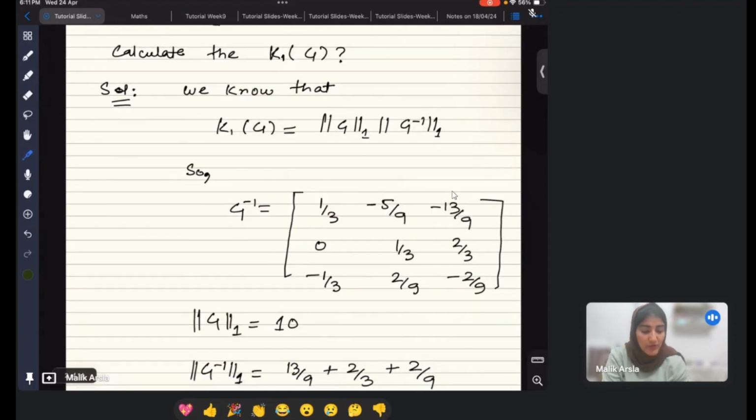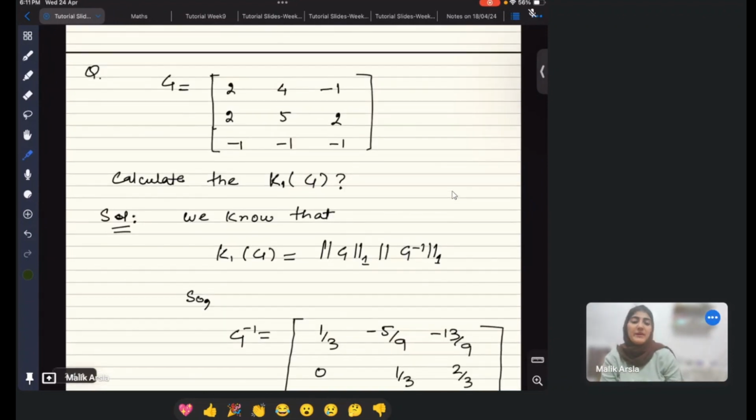And the one norm of G, we know that the one norm is nothing but the maximum among the absolute sums of the columns. Absolute sum means that for each entry you have to take the absolute value and add for each column, and the maximum column sum will be the one norm.